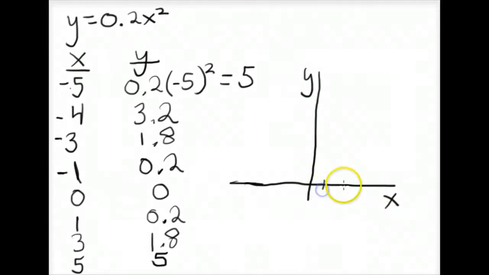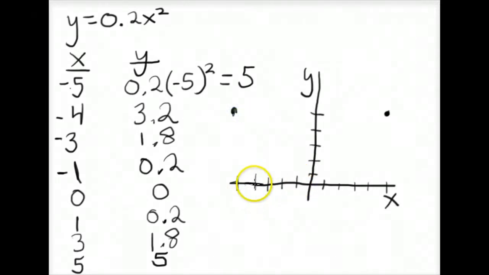If we're counting 1, 2, 3, 4, 5, that will get us 1, 2, 3, 4, 5. So we'll plot that ordered pair there. Negative 5 will also give positive 5, so we count 1, 2, 3, 4, 5. We can plot this point right here.